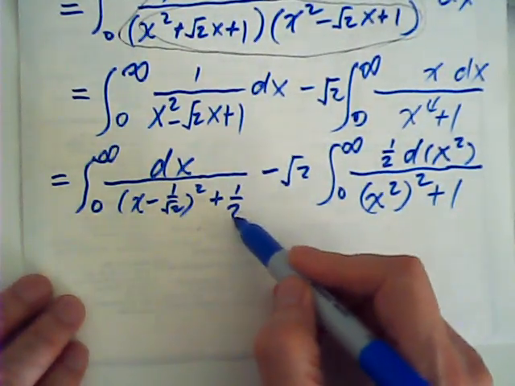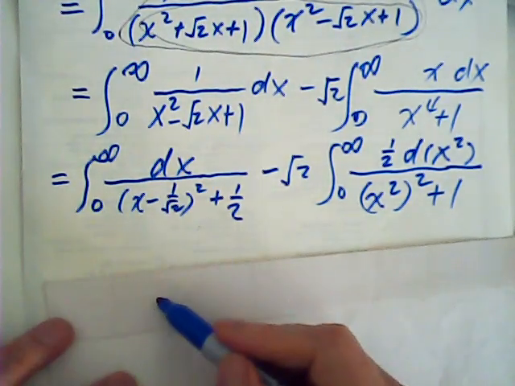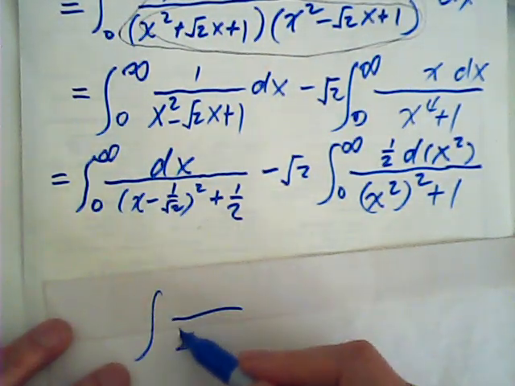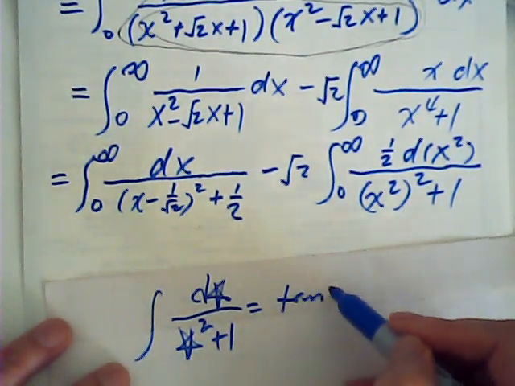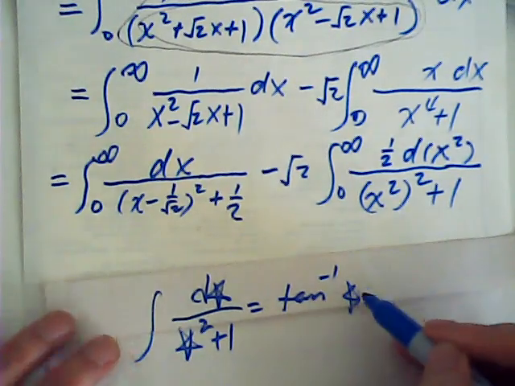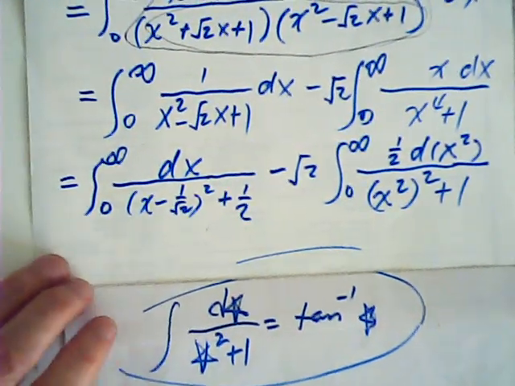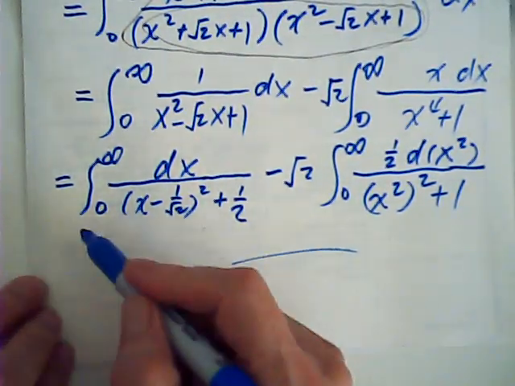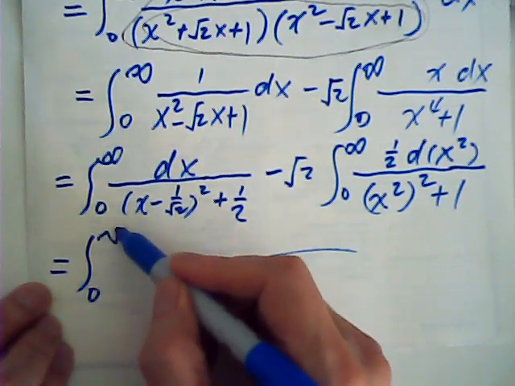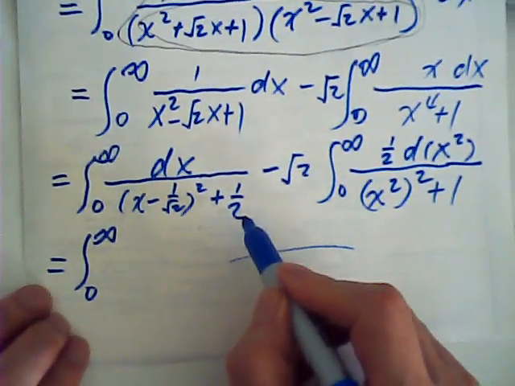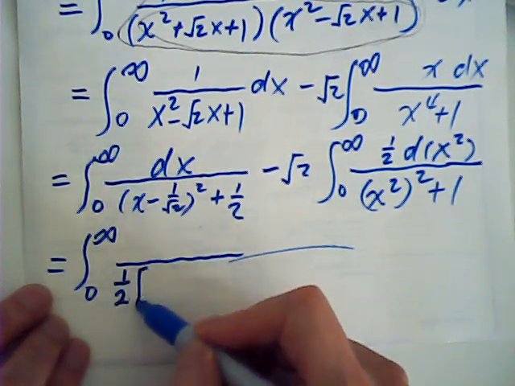Now, this one, I will use the arctangent formula, right? This is something square plus 1, d something, is equal to arctangent of something, right? So I will use this formula. To create this formula, I need to change this to 1, right? So I take half out, bracket.